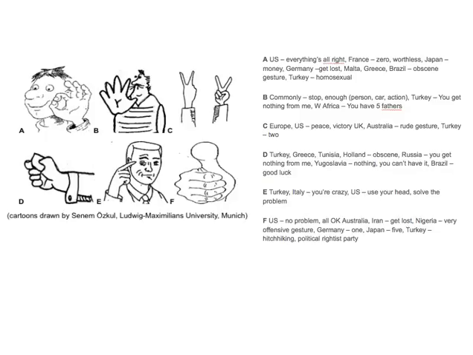Look at B. At least I'm a little bit used to stop. Just be careful, stop. But it means other things in Turkey or West Africa. Look at C. Peace, victory. But in Australia, it's rude.